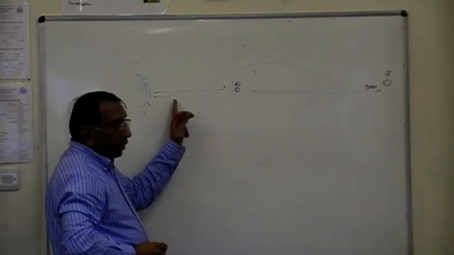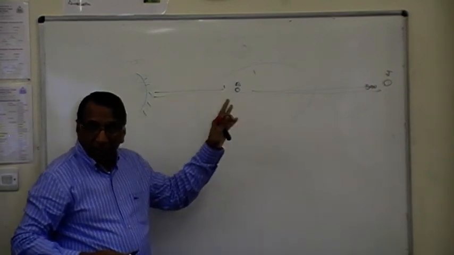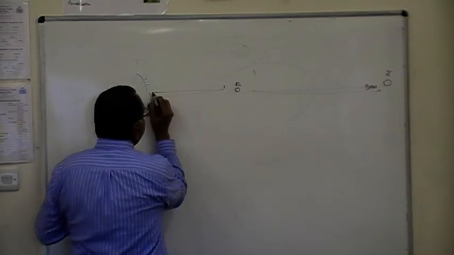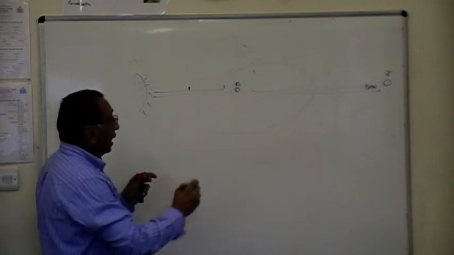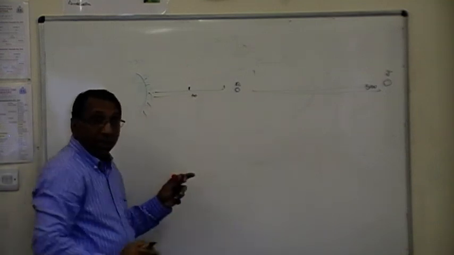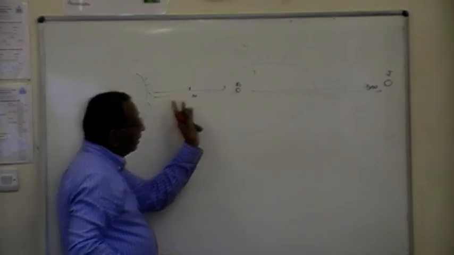However, now we are not using kilometers or miles. The distance between the Earth and Sun is called 1 AU. It is taken as the basic unit, and Jupiter is 5 times that.